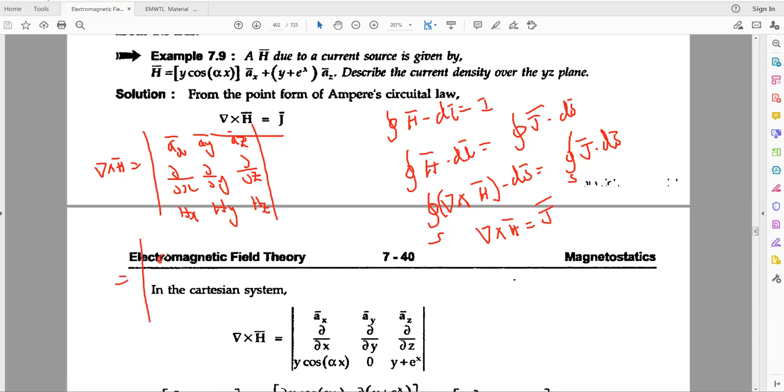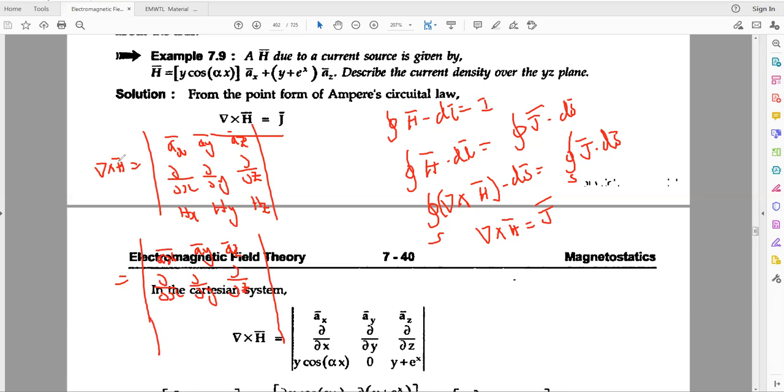Now we can substitute this and apply the del cross product with del cross H bar.